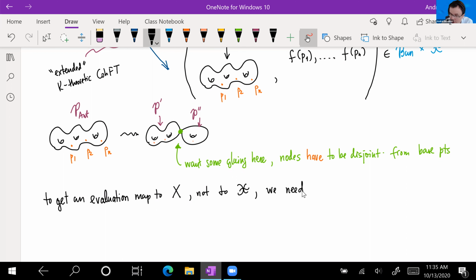We need a resolution. We need a moduli space that resolves the following map.